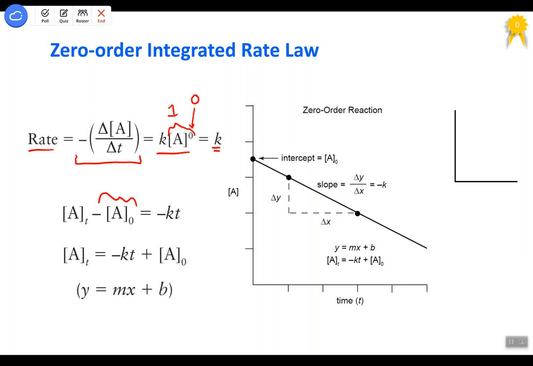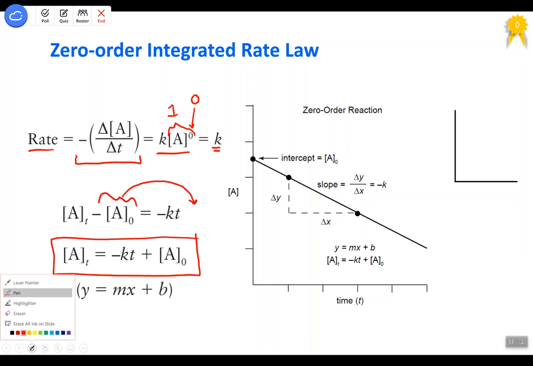If I move this initial concentration over to the other side of my equation, I end up with my integrated zero order rate law. This is a nice, rich formula. I can now learn about my reaction as time goes by. I can determine and predict the concentration at a certain moment in time. Or I know how long I need to continue my reaction to get my desired products.